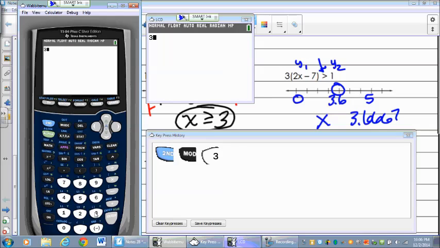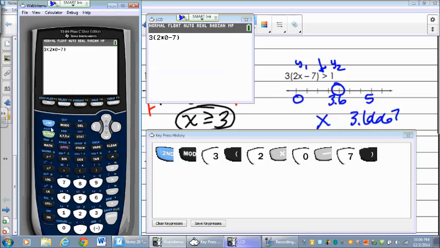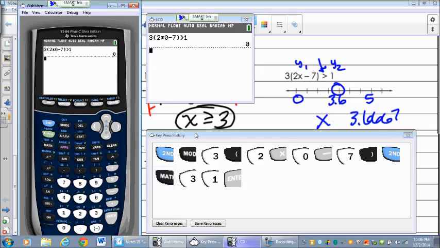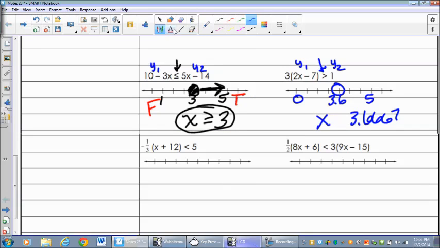Okay, so here we go. 3 parentheses, 2 times 0 minus 7 greater than, which is number 3, 1. Equals, and that gives me a 0. That means the 0 is false.